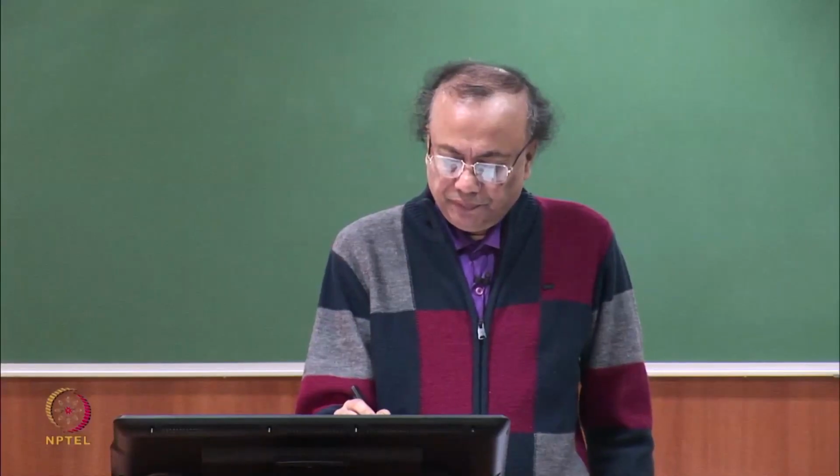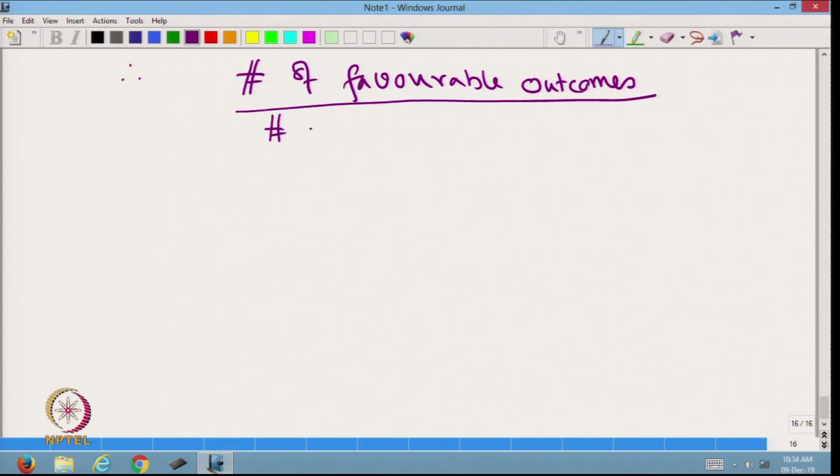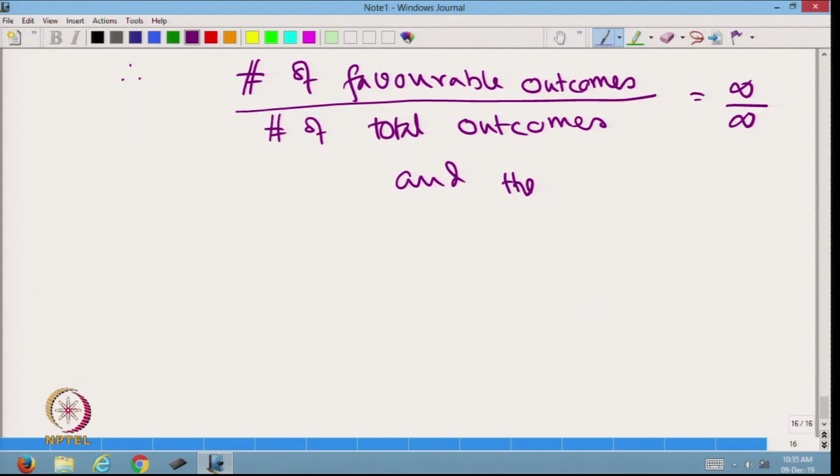Therefore, both the number of favorable outcomes, divided by the number of total outcomes, this is actually infinity by infinity, and therefore not defined.